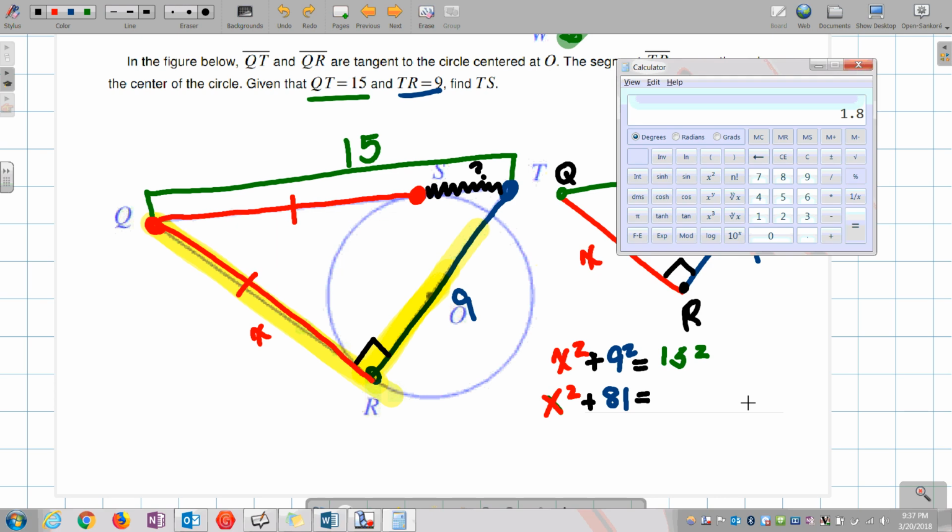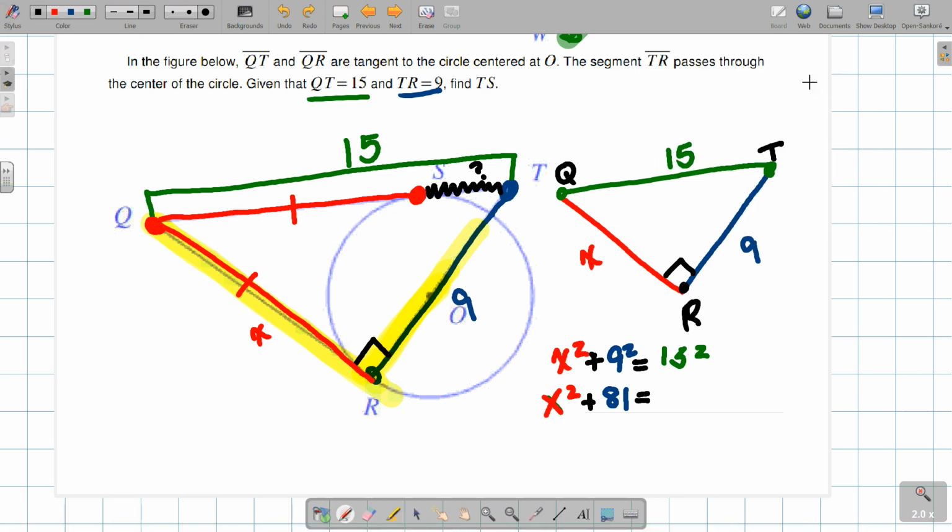Believe me? Let me show you. 225. So to get X by itself, it's going to be, watch carefully, square root of 225 minus 81. I just did a couple steps at the same time.